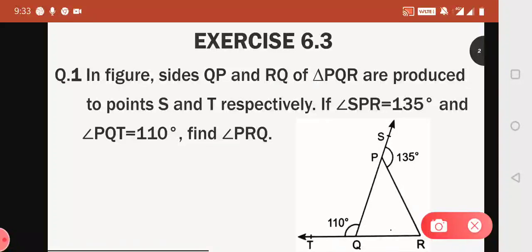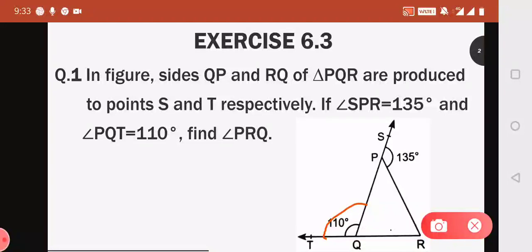This is the exterior angle of triangle PQR, that is PQT. This angle is your exterior angle of triangle PQR. Now we have learned the exterior angle property of a triangle, that an exterior angle of a triangle is equal to the sum of the interior opposite angles.